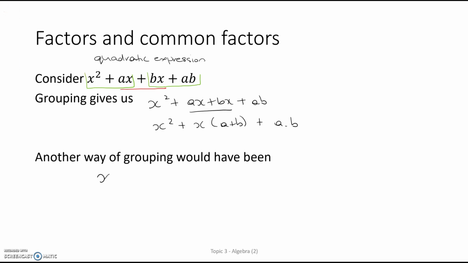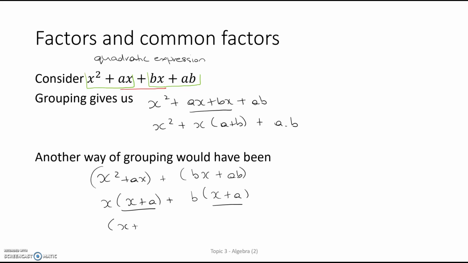Okay, so if we say x squared plus ax plus bx plus ab. Now you see this time they have different common factors. So we can take out x plus a, and then the common factor in the second bracket is b. And now we've got another common factor, so we can take that out. And then we've got left x from the first term and b from the second.